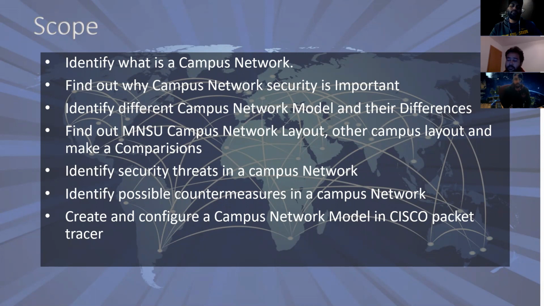We need to identify different campus network models and their differences, and to give a real world experience about campus networks, we need to find the MNSU campus network layout and other campus layouts, and make comparisons between them. After that, we need to go through the security threats that a campus network can have, and then identify possible countermeasures for them.